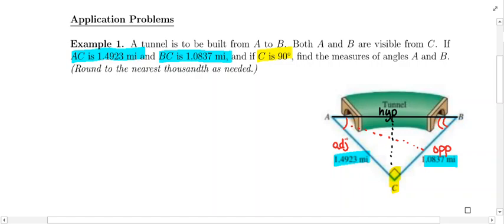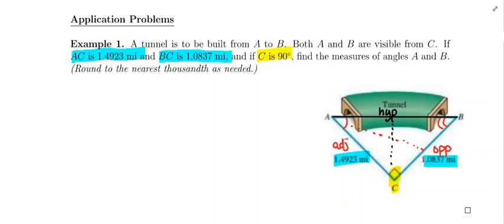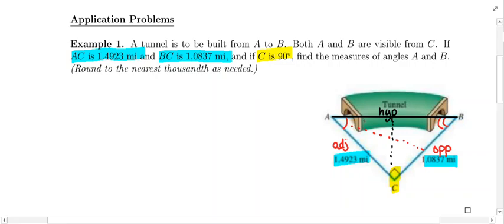So now that we have all three sides labeled, in terms of adjacent, opposite, and hypotenuse, relative to angle A, we can set up a ratio, okay? Now, we know the opposite side's length and we know the adjacent side's length. So since we know opposite and adjacent, we should use tangent here.